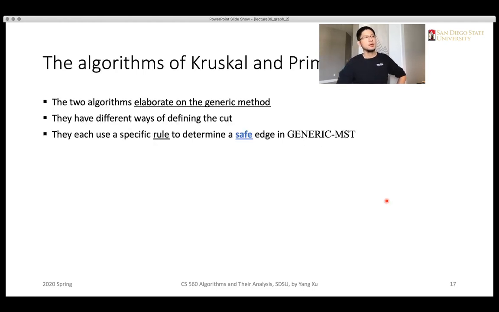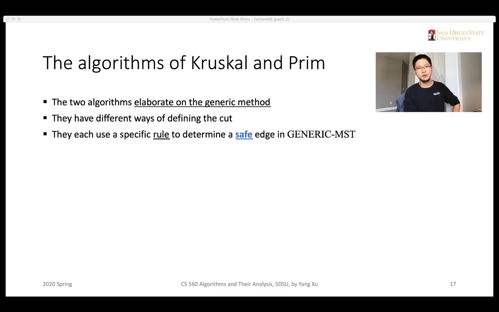Next, we have introduced the generic method for growing a minimum spanning tree, and we know the key is to first define a cut on the graph that respects the current subset A, and then find the safe edge that will grow the current subset A incrementally.